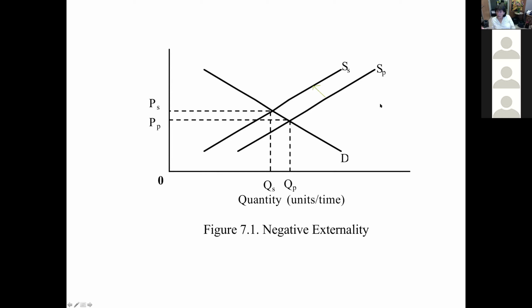How do we normally do that? Through taxes. The junk, we're going to tax you. The dog barking, we're going to tax you. The creation of pollution, we're going to tax you. So how do we get this supplier to really see that their curve is up here? Through some sort of tax.